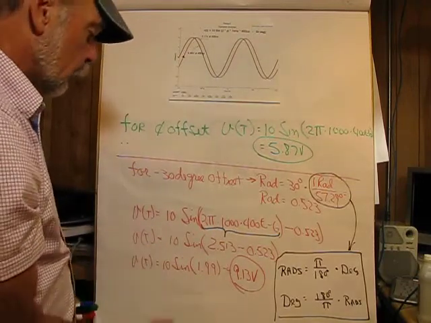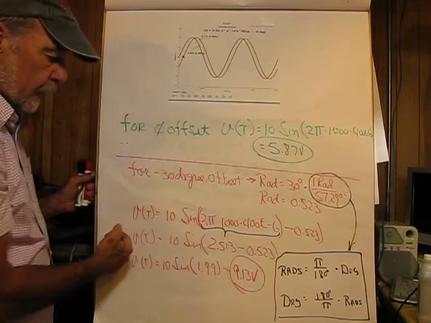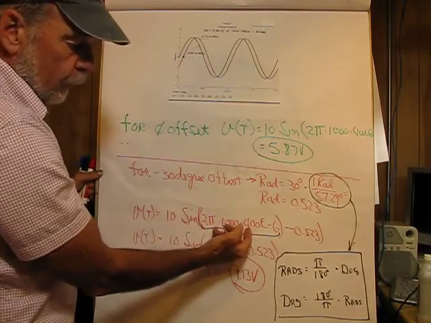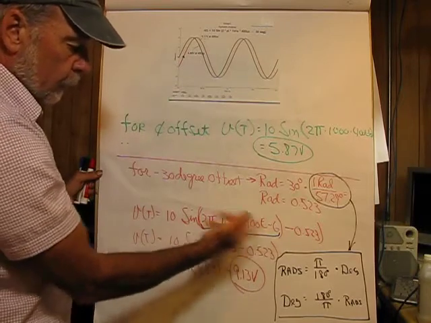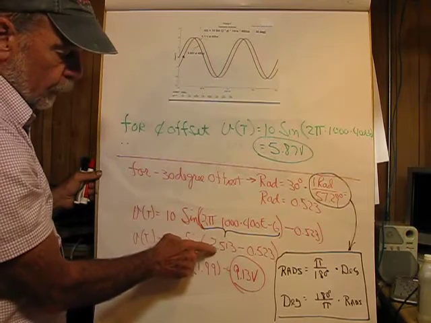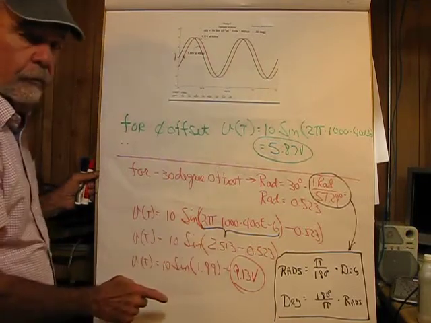So anyway, what we have now, continuing this, is I've taken the 2 pi 1000 times 400 microseconds and multiplied all that together, and sitting in the sine argument is 2.513 radians.